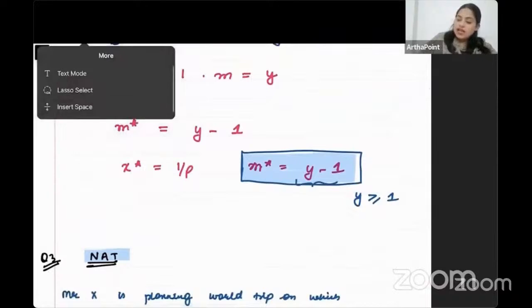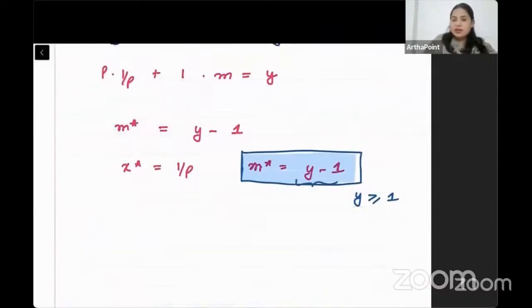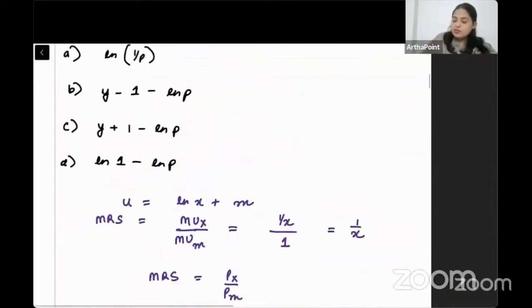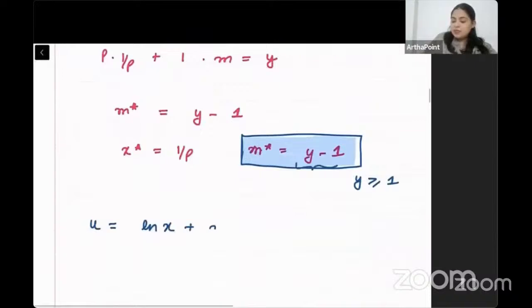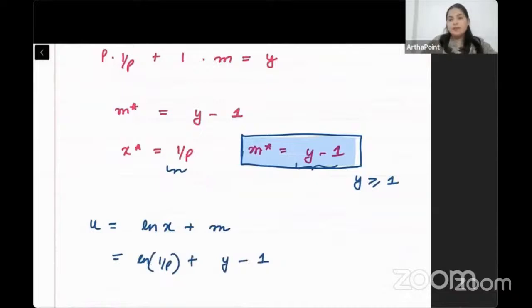Now beta, we must calculate the indirect utility. So your utility function was ln X plus M. I have got X as 1 by P. So it will be ln 1 by P and I've got M as Y minus 1.